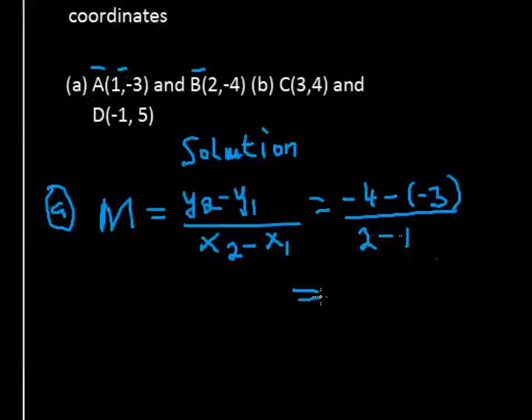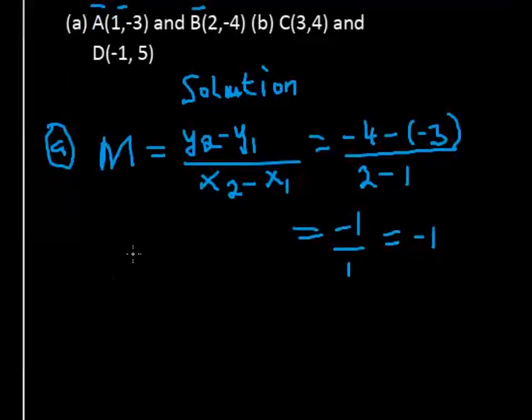So this is minus 4 plus 3, which is minus 1, divided by 1. So the slope is minus 1. Hope that is well understood.